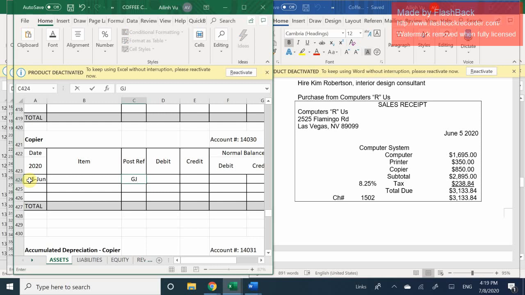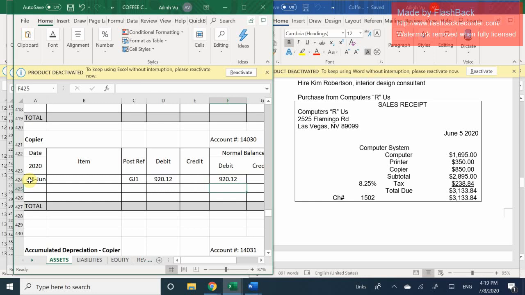General Journal 1, 920.12. Oh, so where it says item, since it already says copier, should we just do the purchase like we did before?